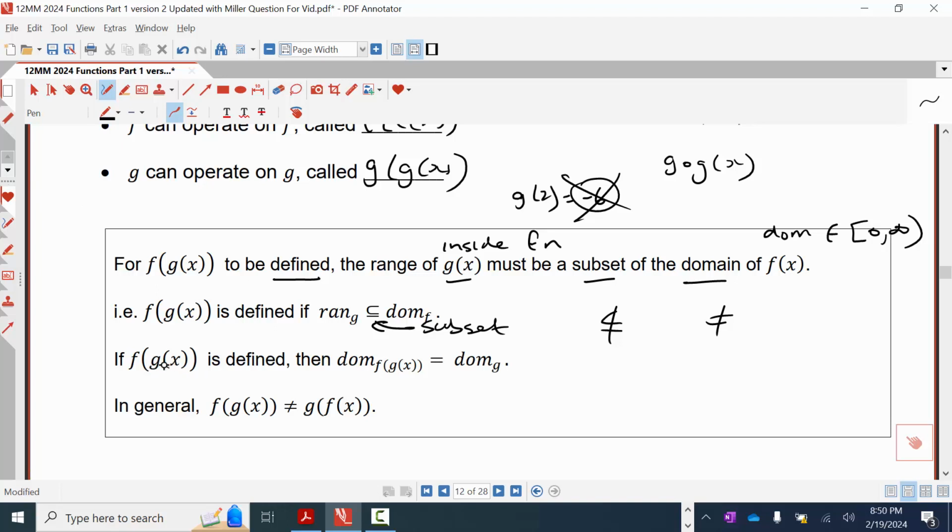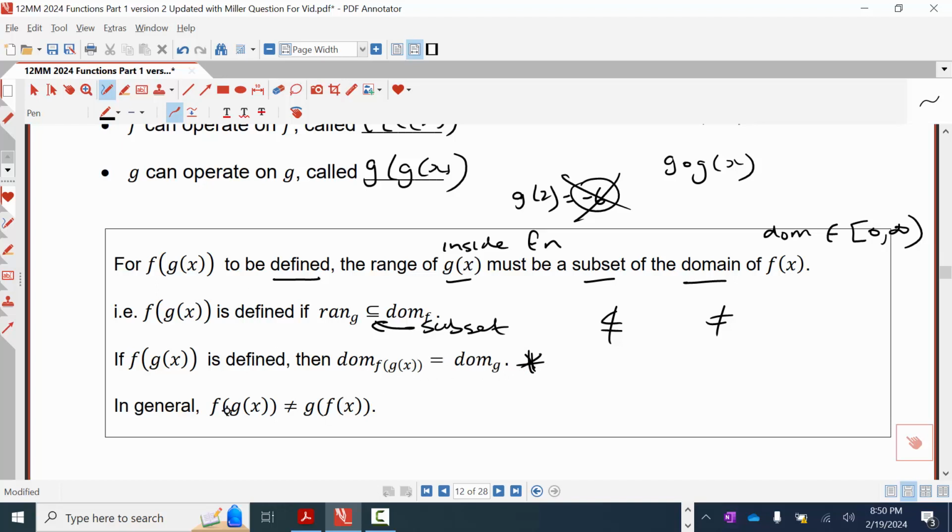So if f of g of x is defined, then the domain of the composition is just the domain of the inside function. Again, I'll be going over why that's the case in general, and also there are some cases where this is not true, and I'll address why.